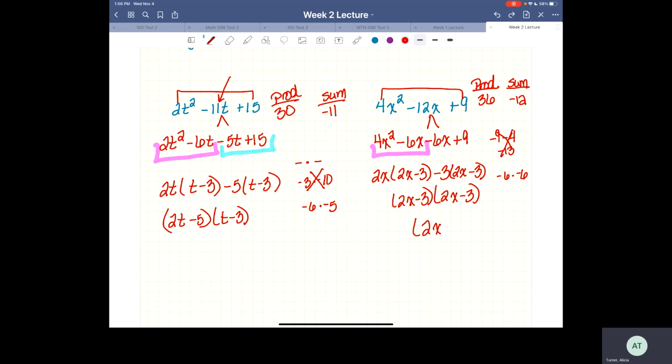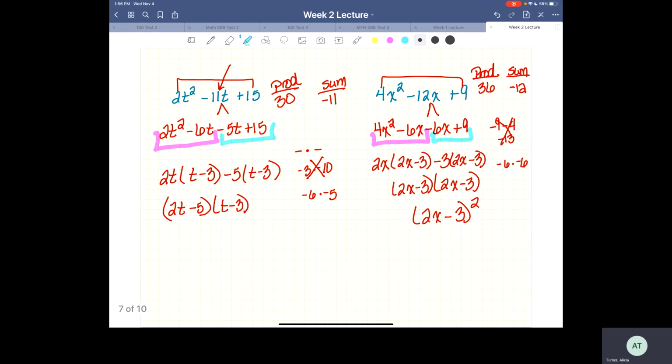Oops, the squared goes on the outside. Okay? So this is what we call a perfect square trinomial, but I encourage students to continue to solve this the same way they would always solve it. Okay?